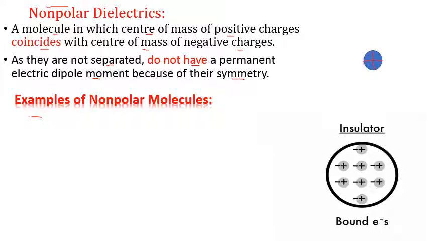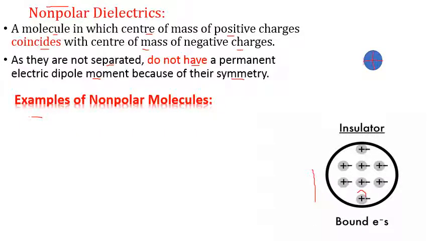Now look at this figure and observe carefully. These negative electrons are revolving around the positively charged nucleus, and you can imagine from the symmetry that the center of mass of positive charge coincides with the center of mass of negative charge in each case.